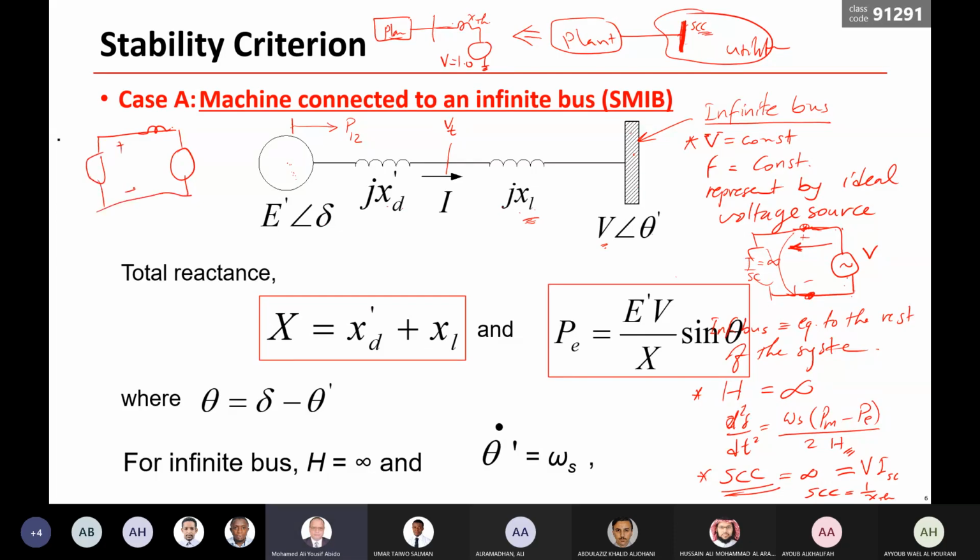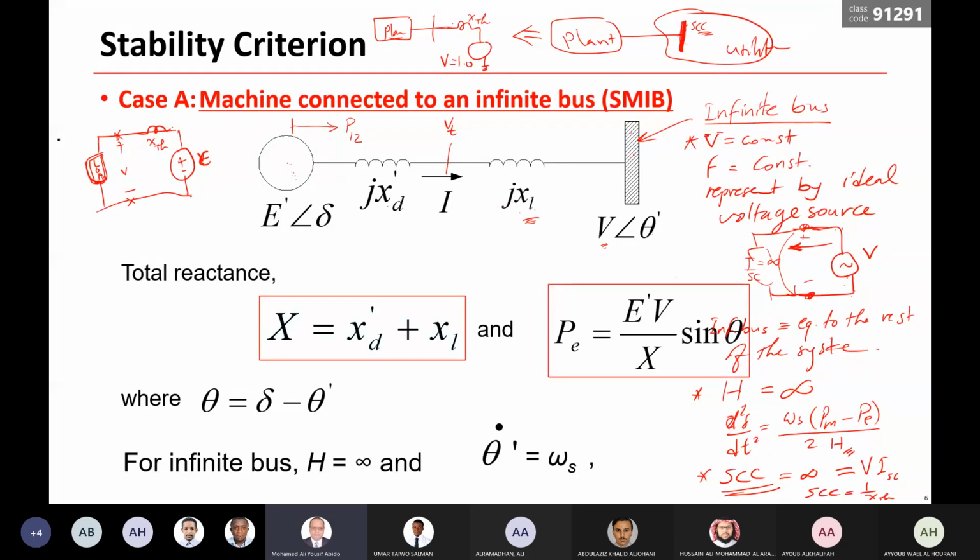The voltage here is V, and assume that the voltage here is E. So if you have X Thevenin and you increase the load, what will happen to the voltage? It will drop. It will start decreasing, and we have more voltage drop on this reactance.